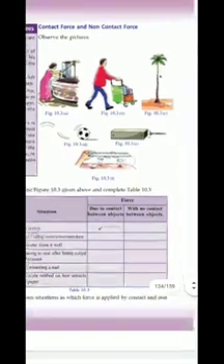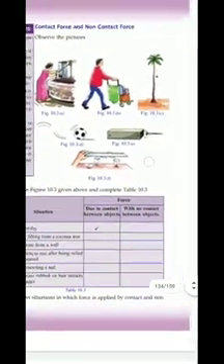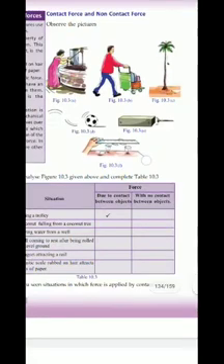You might have noticed when a ball rolls on the floor, after some time the ball comes to rest. So in the previous chapter we discussed that when an object moves, to change its state of motion, a force is to be applied to bring it to rest.